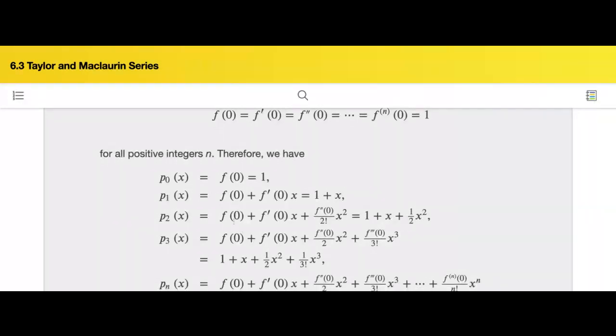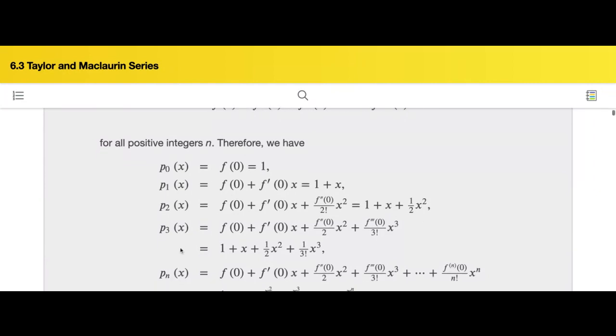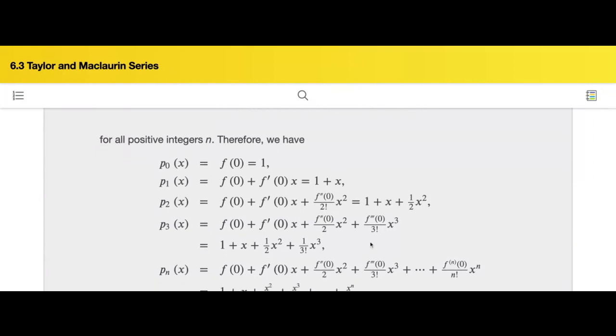P2, we get P1 plus the second derivative at 0 divided by 2 factorial. Right? The second derivative is still 1. 1 divided by 2 factorial is half. So plus half x squared. P3 equals P2 plus the third derivative, which is still 1, divided by 3 factorial, which is 6. So 1 over 6 x cubed.